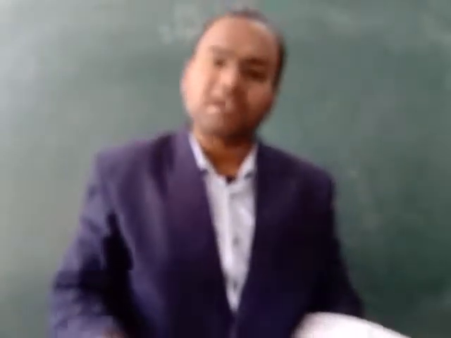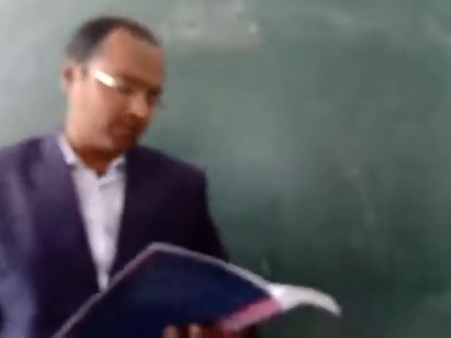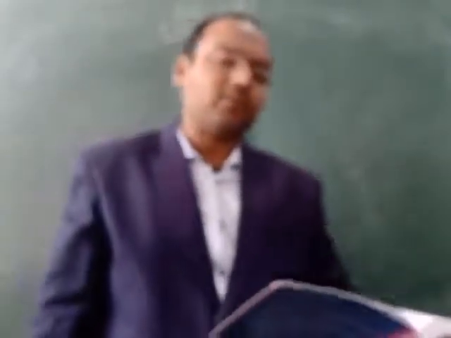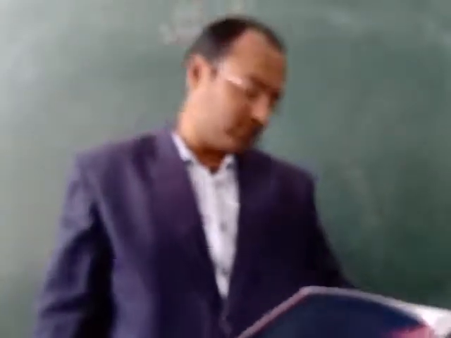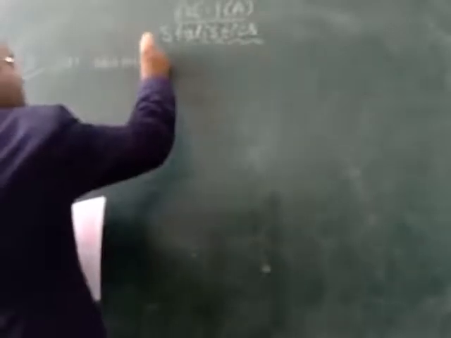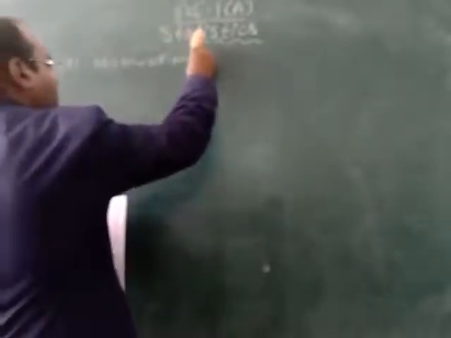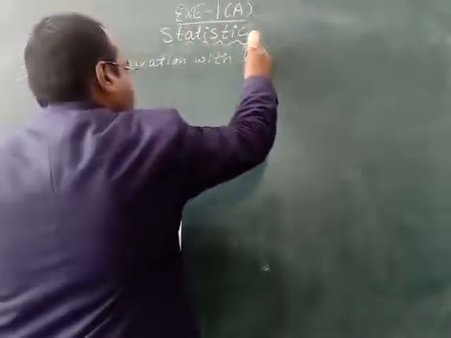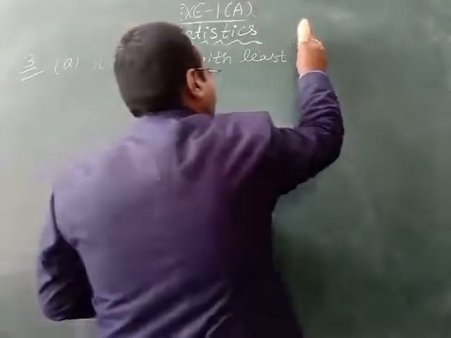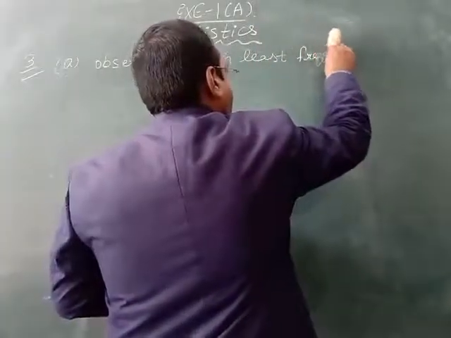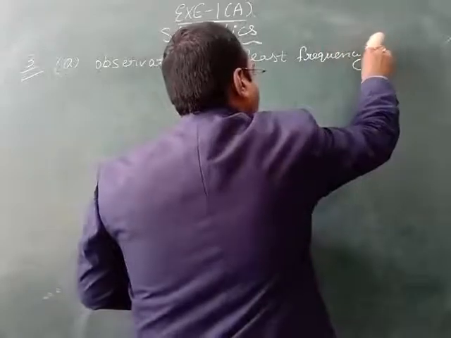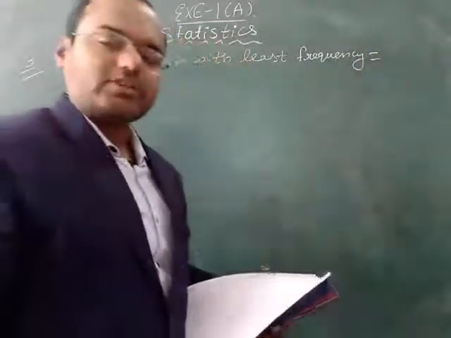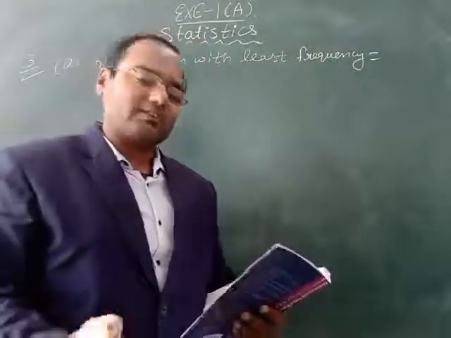Minimum means the lowest frequency. So we will check which number is coming the minimum number of times. Third question, part A. We have to write the observation with least frequency.